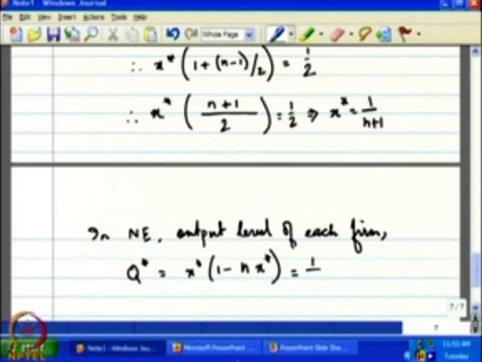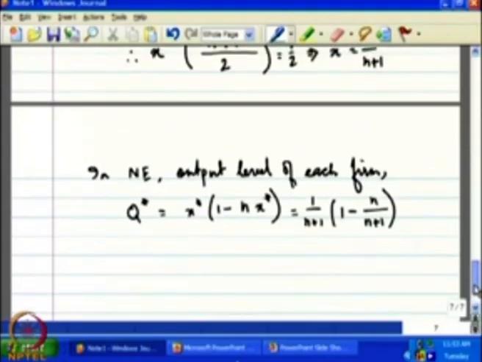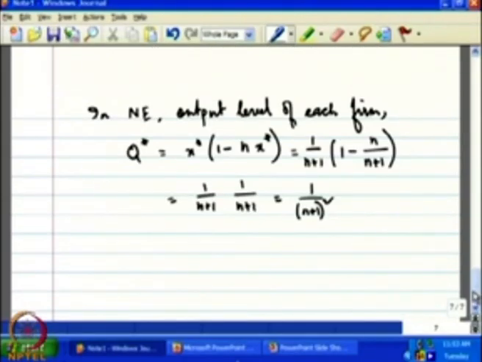So, this is 1 divided by n plus 1, and so it is 1 divided by n plus 1 times 1 divided by n plus 1. This is the output level in the Nash equilibrium which each firm will be producing. This is the Nash equilibrium.